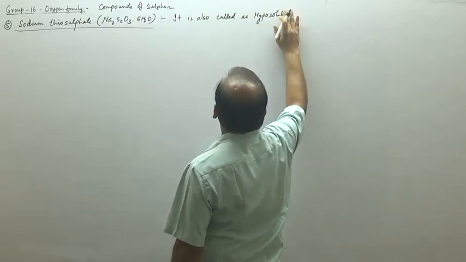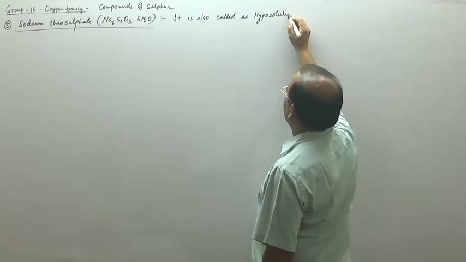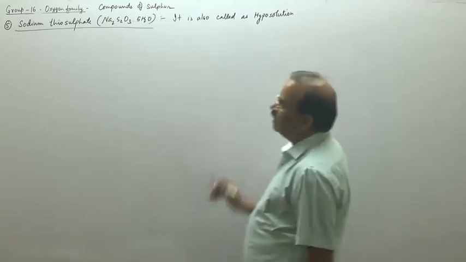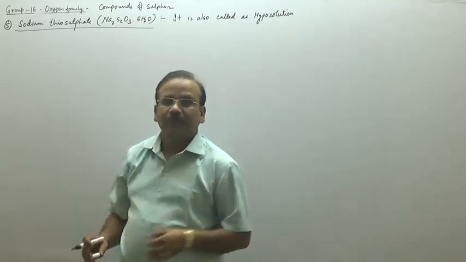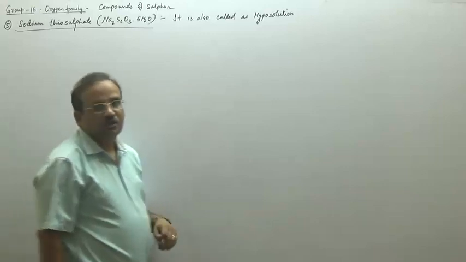So we write that sodium thiosulfate is also called hypo solution. So this is about sodium thiosulfate. We say that it is a crystalline salt having water of crystallization, 5H2O.